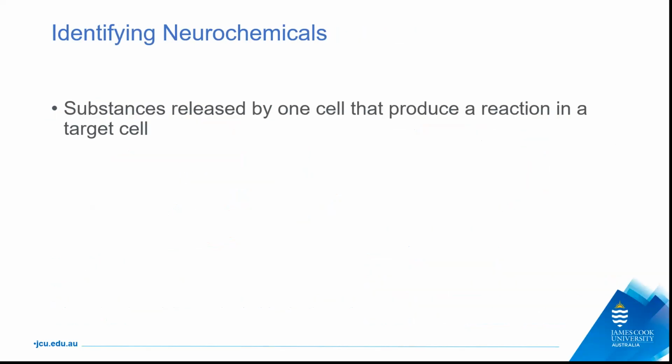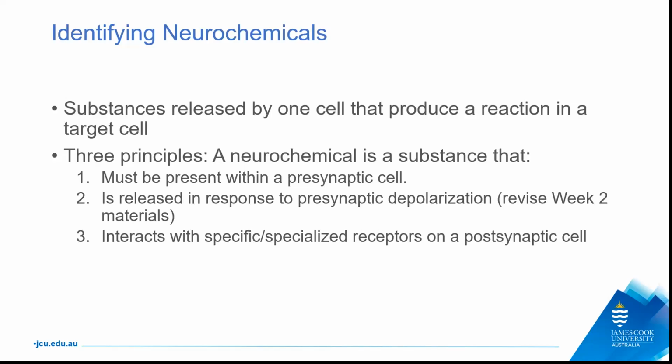Right. Identifying neurochemicals. A neurochemical, in essence, covers everything we talk about: neuromodulators, neurohormones, or neurotransmitters. Ultimately, they're just chemical substances released by one cell, and they produce some response reaction in the target cell. Simple as that. There are just 3 principles that we generally stick to.